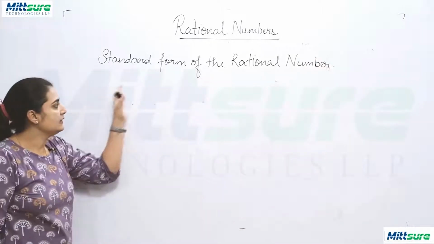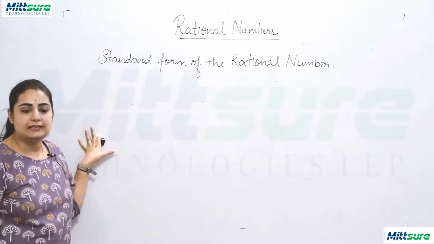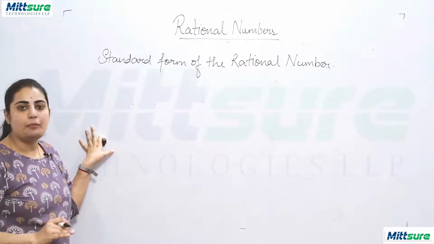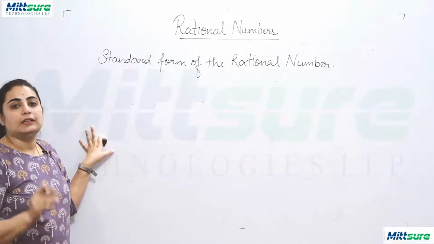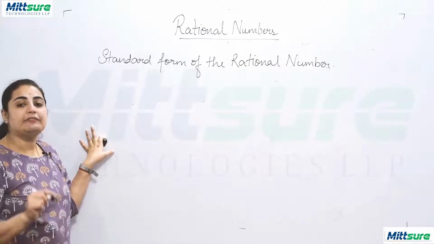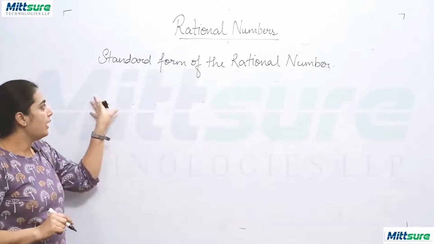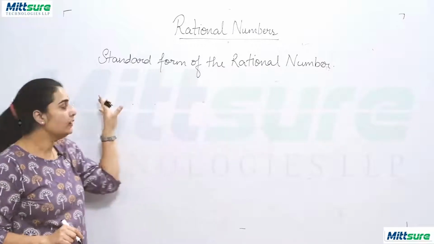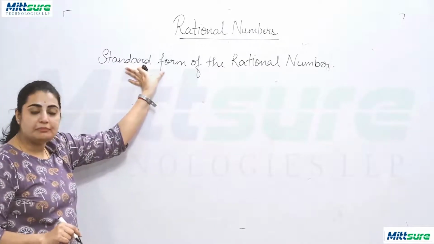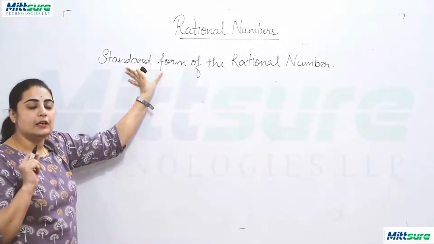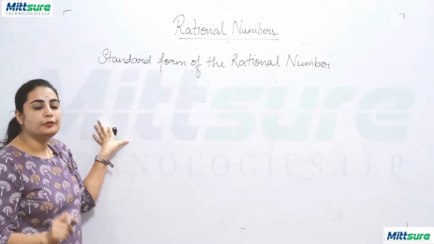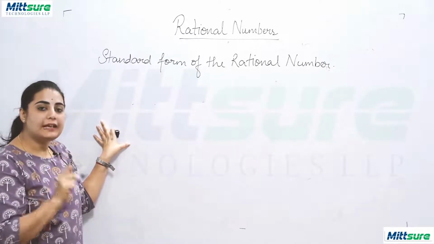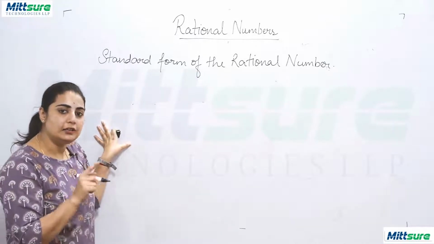The standard form of a rational number says that the rational number should be in the simplest form along with the negative sign only with the numerator. So I am repeating again, what is the standard form of a rational number? Whatever rational number is given to you should be in the simplest form along with the negative sign only with the numerator.